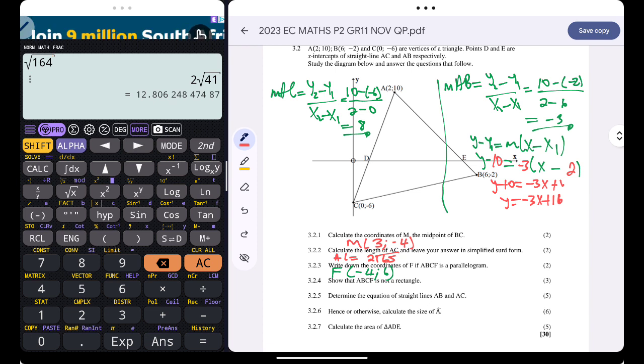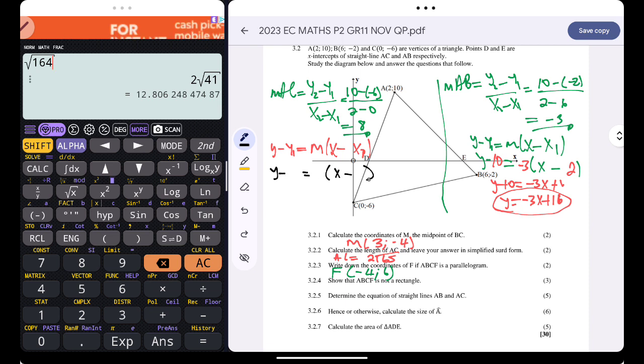Excuse me guys, this one was the equation of AB. Now I'm finding the equation of AC. I can simply use the same point as well, point A. The y value is 10, the gradient is positive 8, x is minus 2.